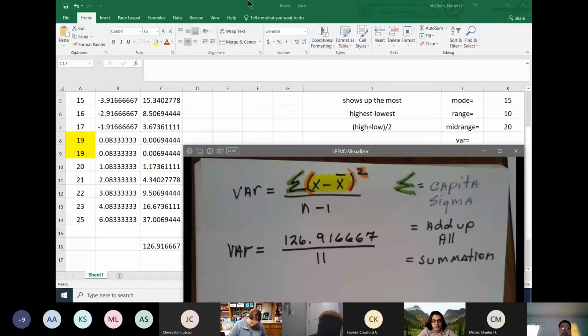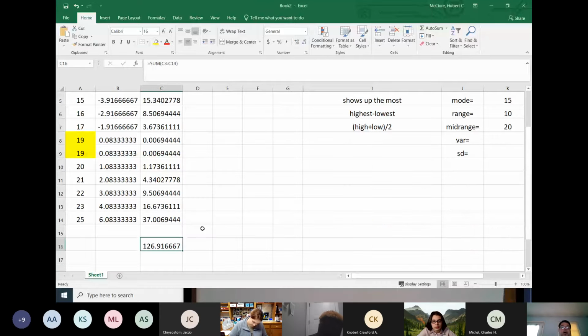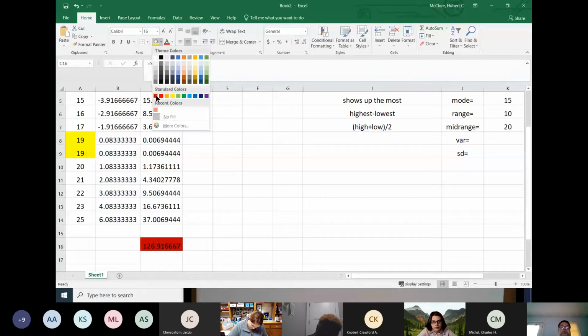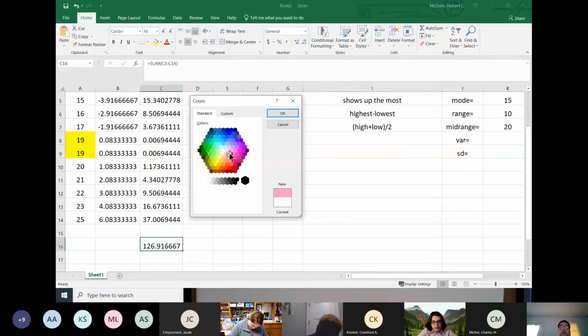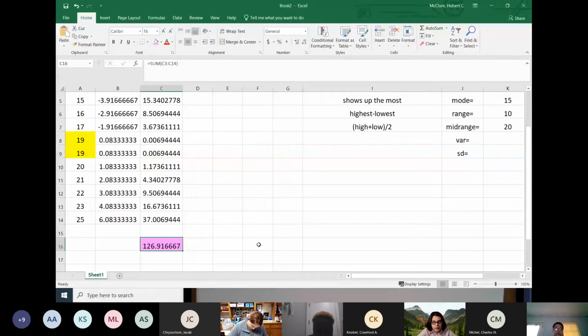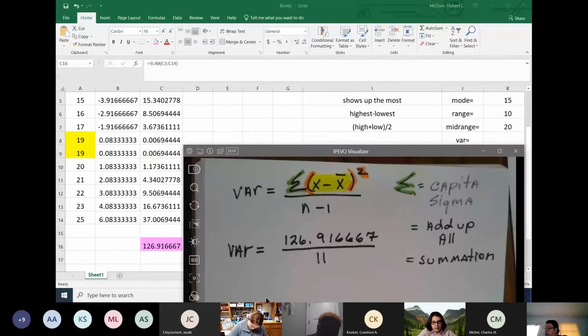This number right here, I'm going to highlight it pink. It's more of a mauve. Anyway, I'm going to take my handy dandy pink highlighter and highlight this number right here.